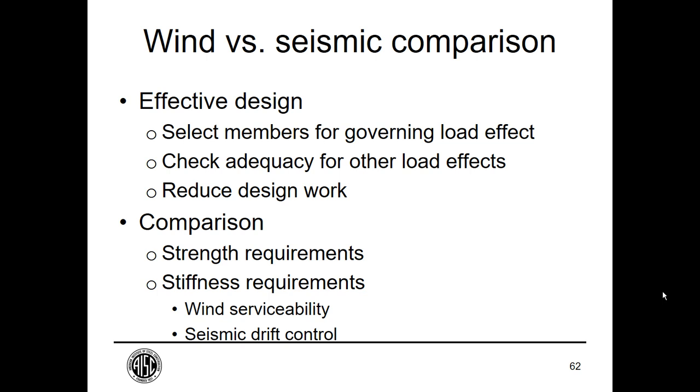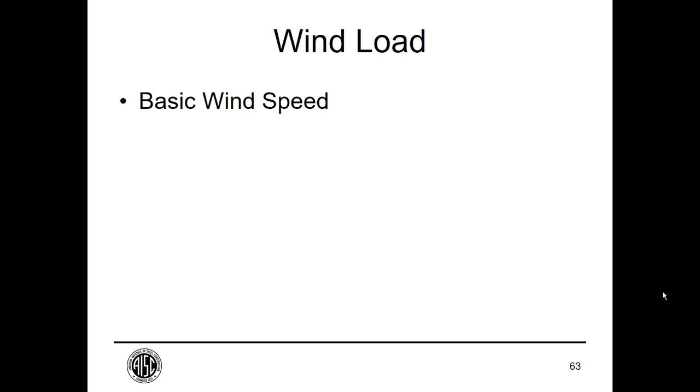So the seismic one corresponds to a very rare earthquake, whereas the wind stiffness requirement essentially corresponds to perhaps a 10 or 25-year wind, depending on the client's expectations.